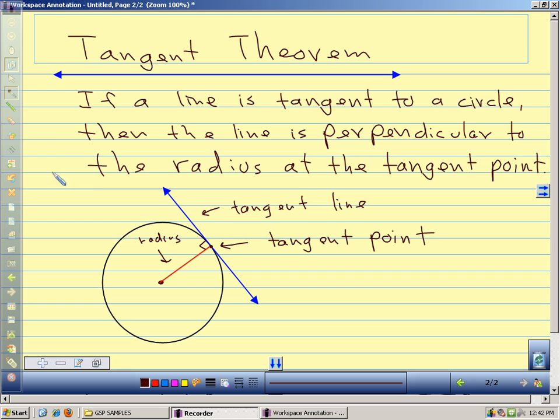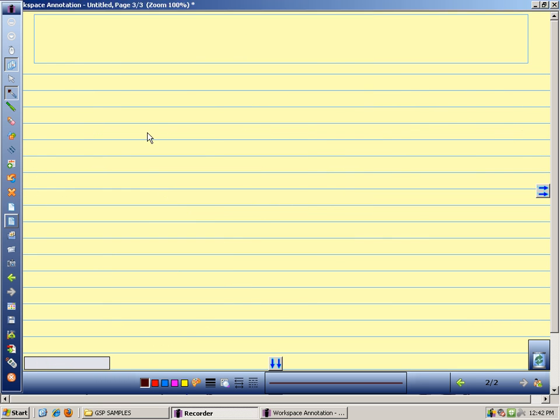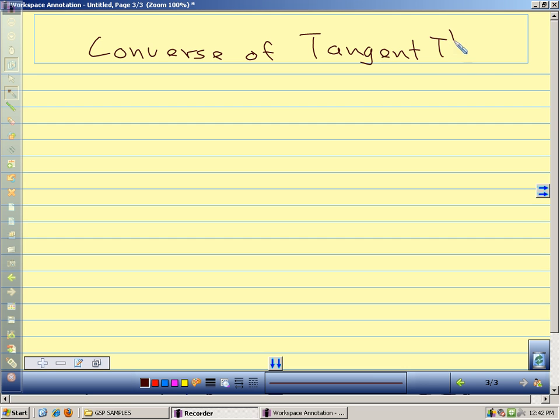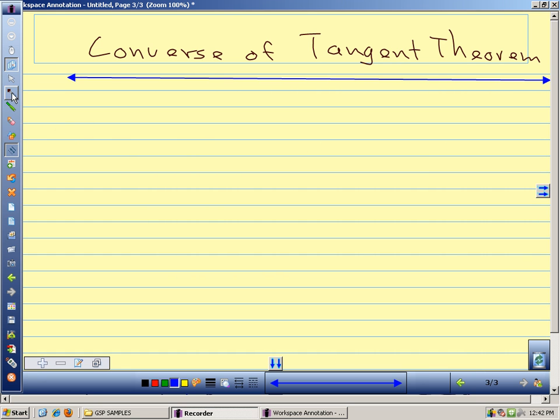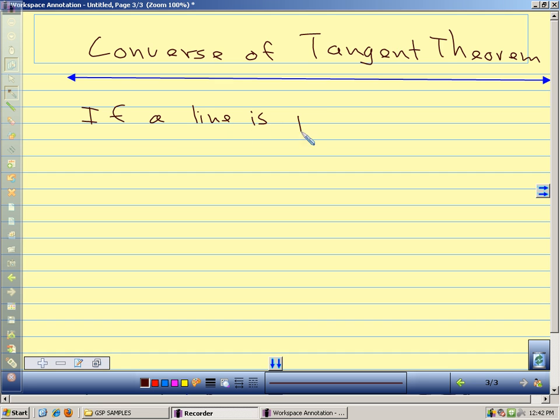So it's the same picture. I'm just going to write the converse of the tangent theorem. So our converse tells us that if a line is perpendicular to a radius, then it is tangent to the circle.